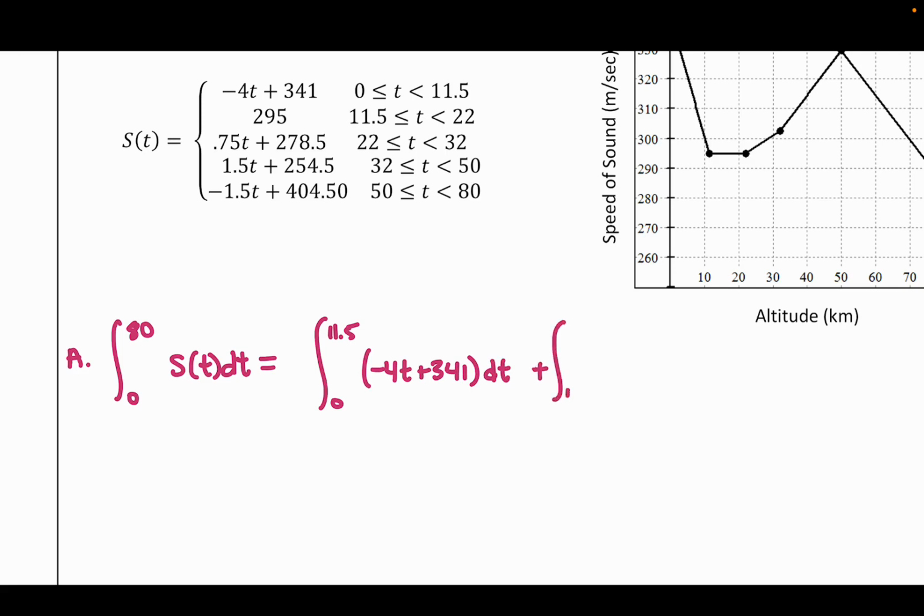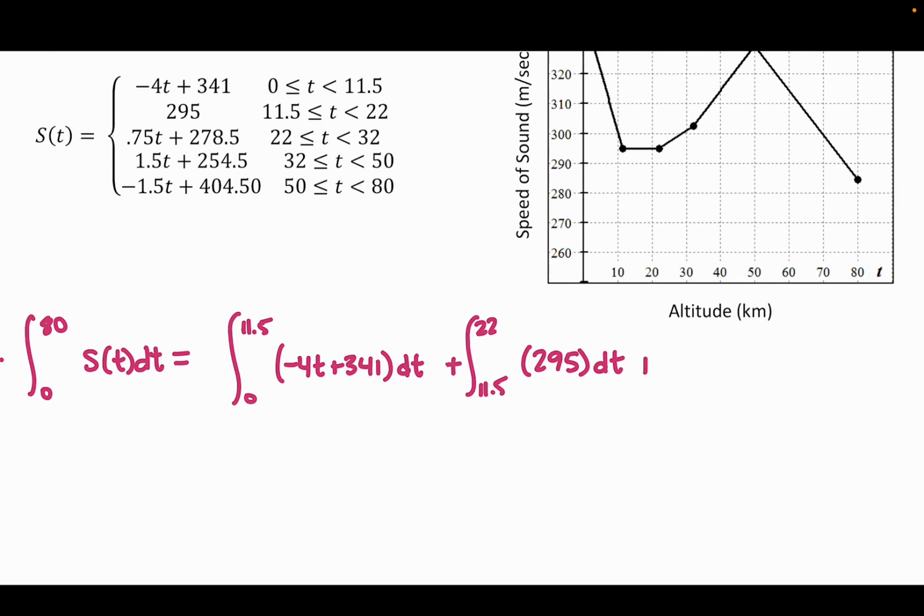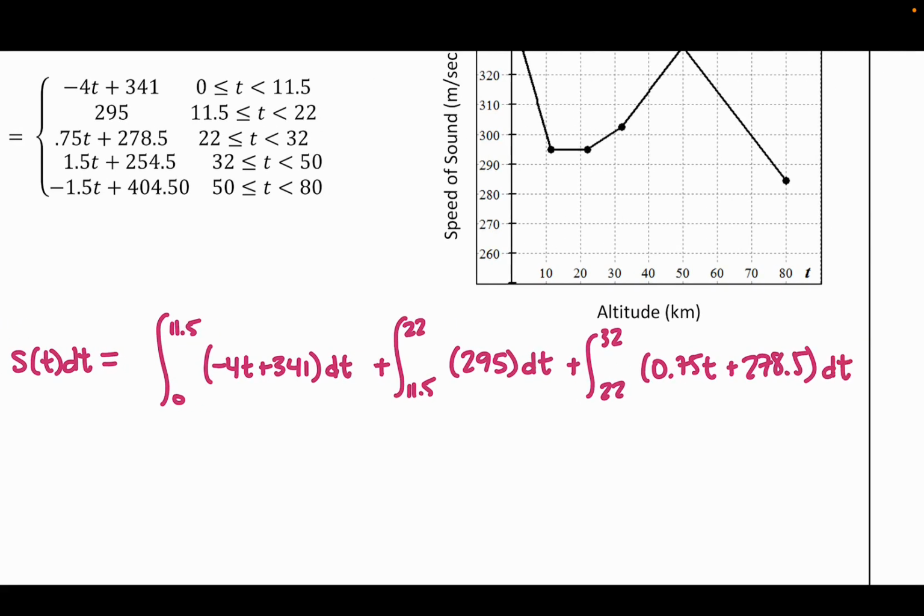Plus, now our next piece goes from 11.5 to 22 seconds, and that's just a constant of 295 dt. Our next piece starts at 22 seconds and goes to 32 seconds, and that's going to be 0.75 t plus 278.5 with respect to t.